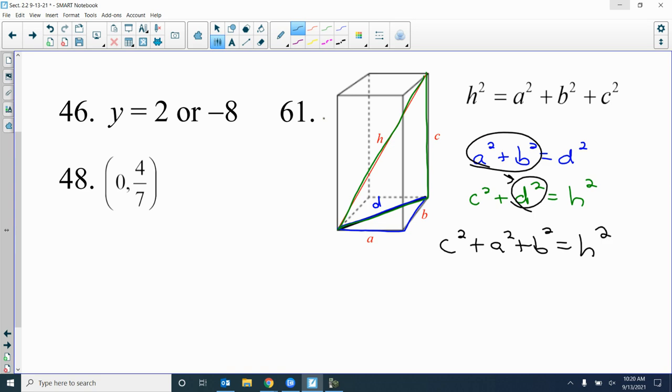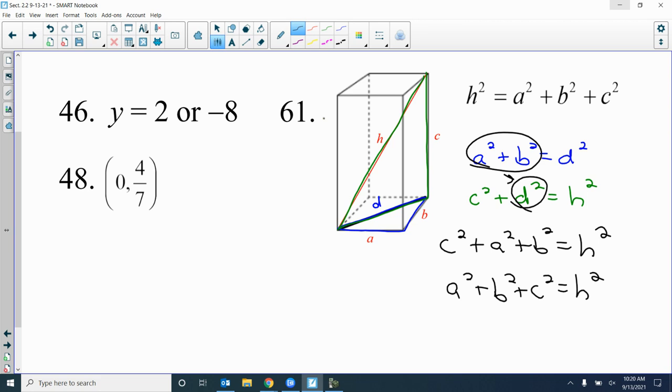Now the only thing is it's not in the same order, so I can just reverse the order and say A squared plus B squared plus C squared equals H squared. There you go. So you just proved that. You just verified that fact is true. Those three squares have to add up to H squared. So the one thing you can't do, as I said earlier, is use this within the problem. Okay. You just got to show that.